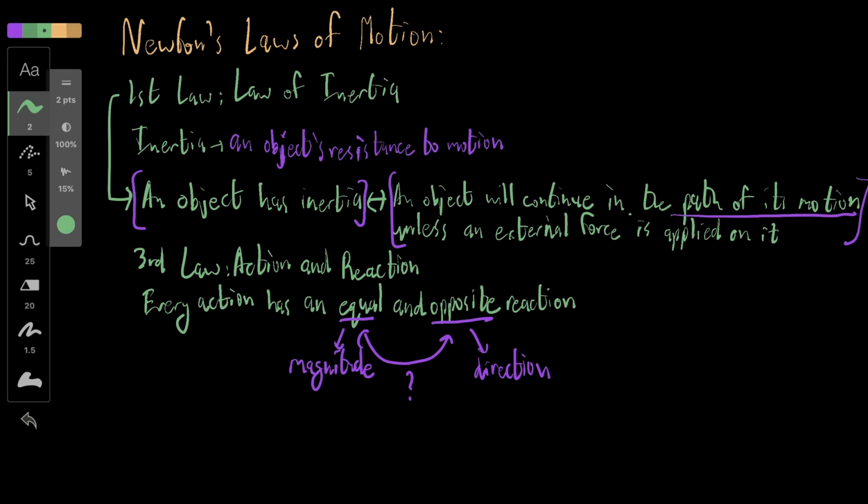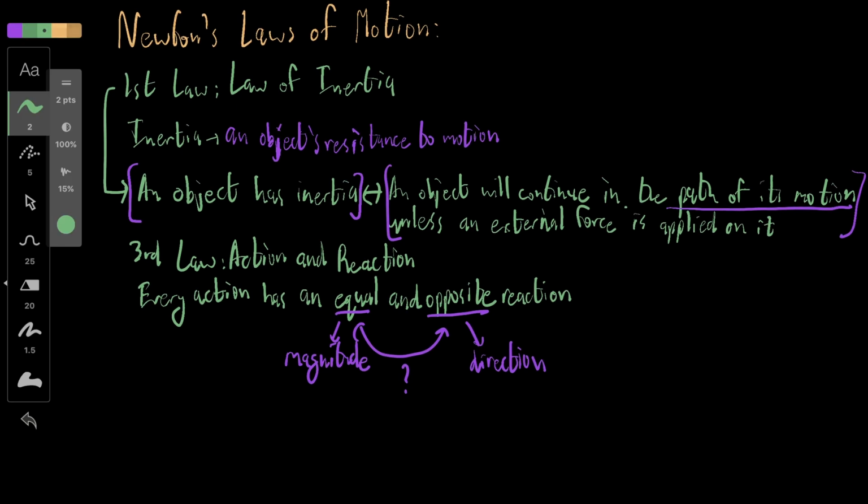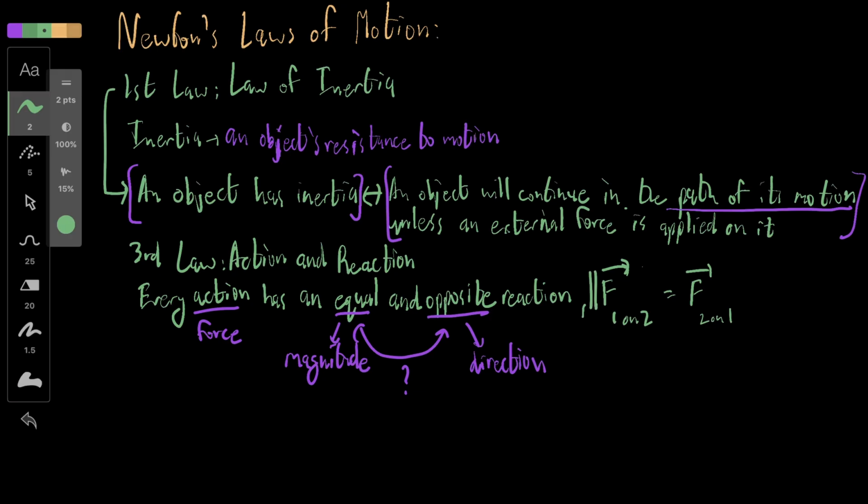That's how we know that every action has an equal and opposite reaction, where action, of course, means force. Another way to write this law is to say F of 1 on 2, the force of object 1 on object 2, is equal to the force of object 2 on object 1, and you'll normally draw it with two bars around it to show that it's the magnitude of the vector.